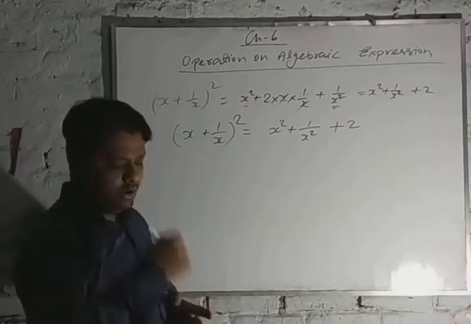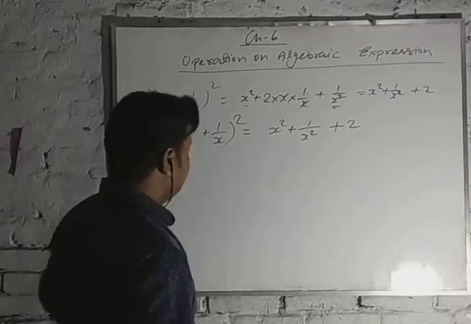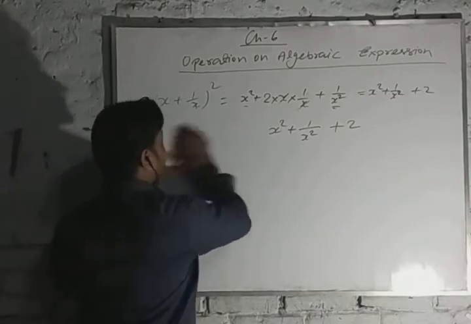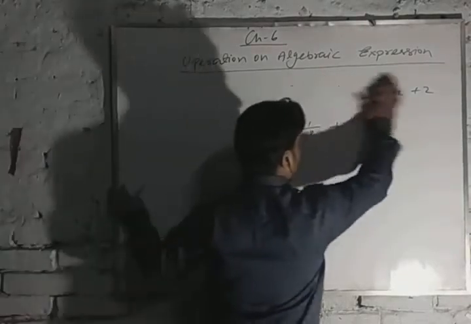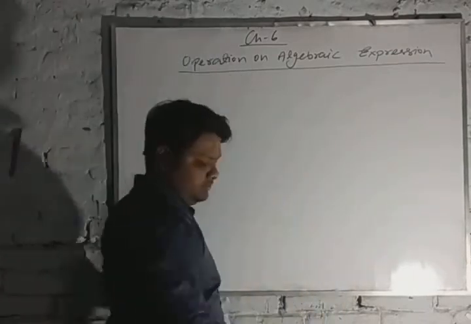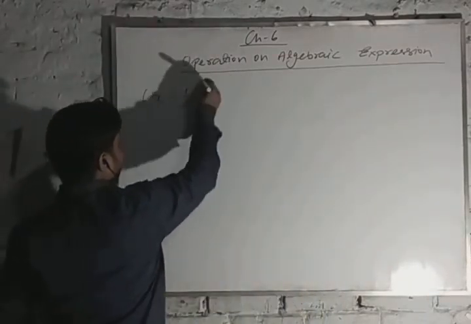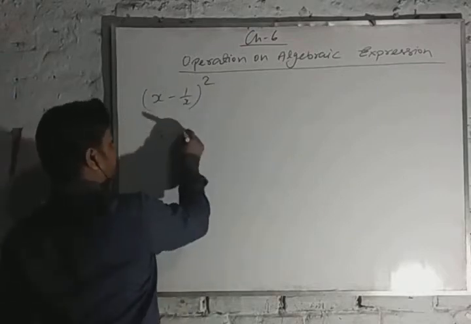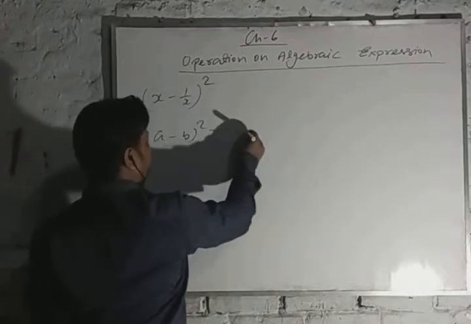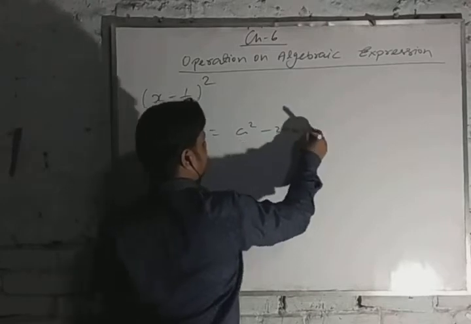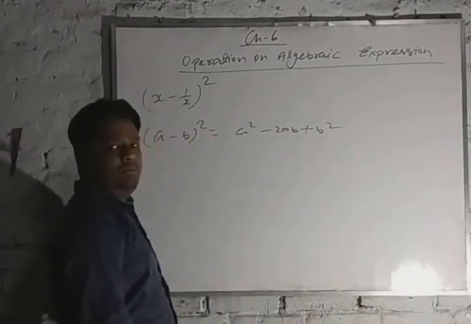Now if the question is that in the place of plus there is a minus, then we will use the same formula, a minus b the whole square, a square minus 2ab plus b square.